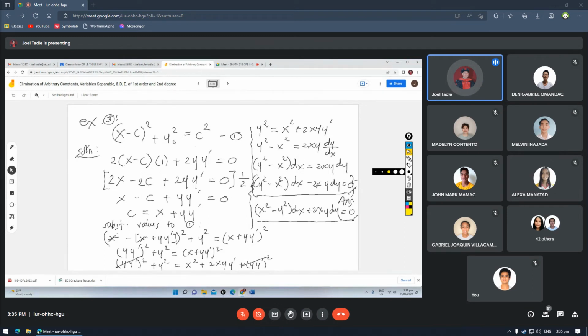So ang atong u diri is y. Ang atong n is 2. So ang formula n u raised to the power n minus 1 du. So ang n 2 atong gi-multiply sa atong u which is y. So 2y. Then ang exponent diya is 1. Then times y prime.